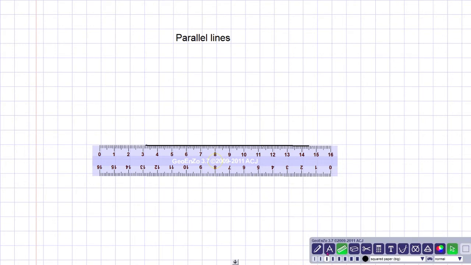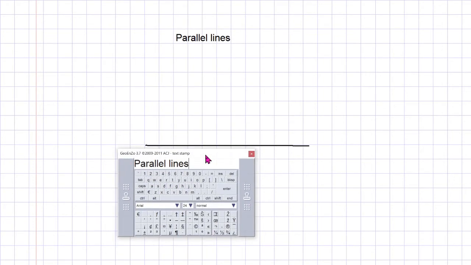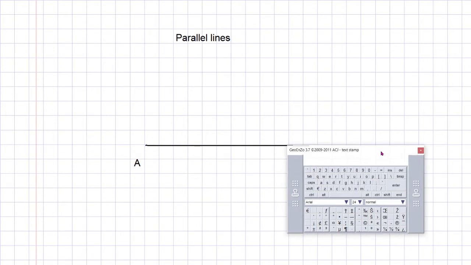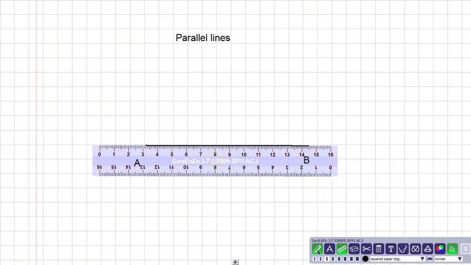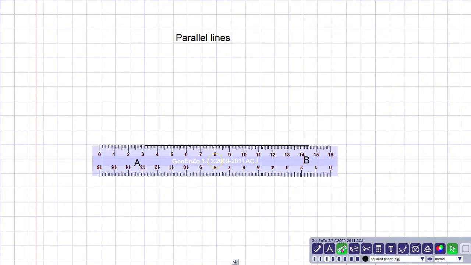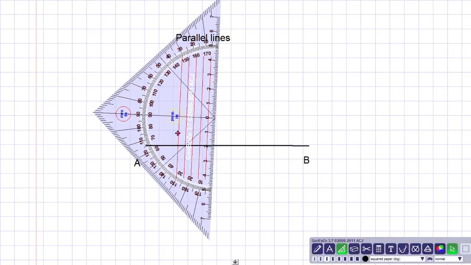Draw a straight line. Name it AB. Now we have to draw parallel lines. Take the set square.